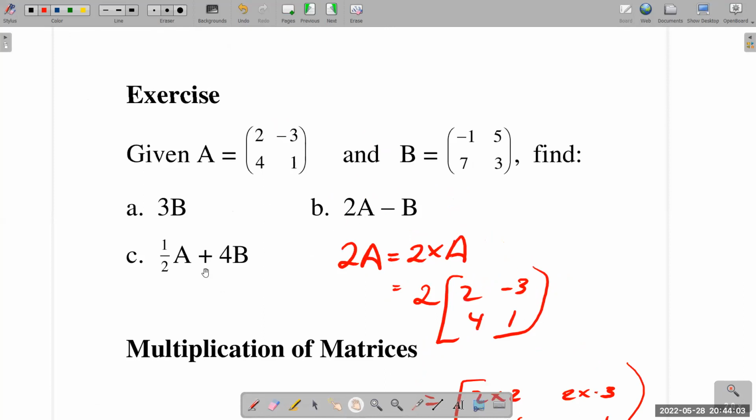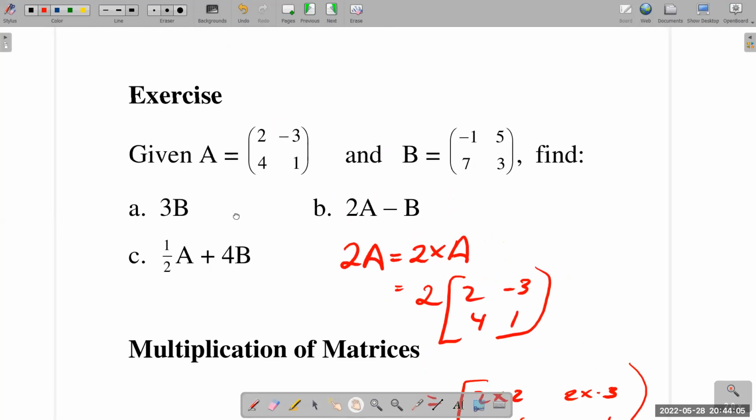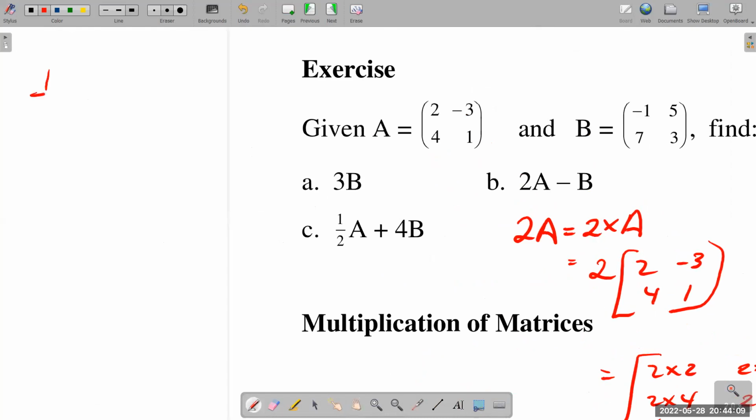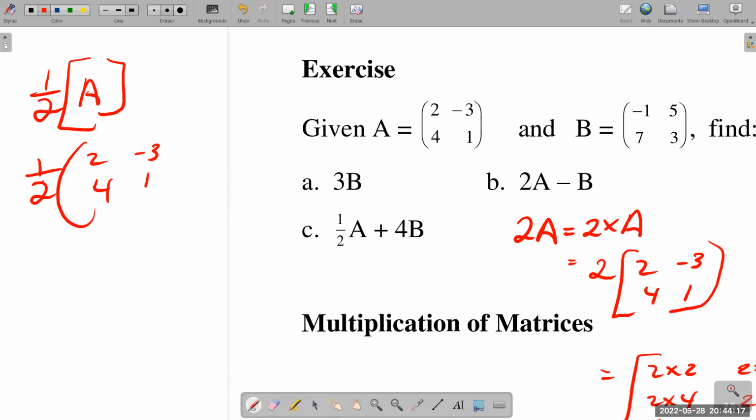Same thing happens when you use a fraction. If I tell you find a half of A, what do you do? So it's going to be half of 2, negative 3, 4, 1. What's going to happen to each number? You're going to divide each number by 2, because we know multiplying by a half is the same thing as dividing by 2.